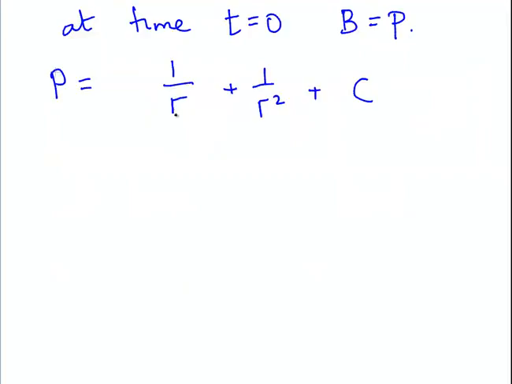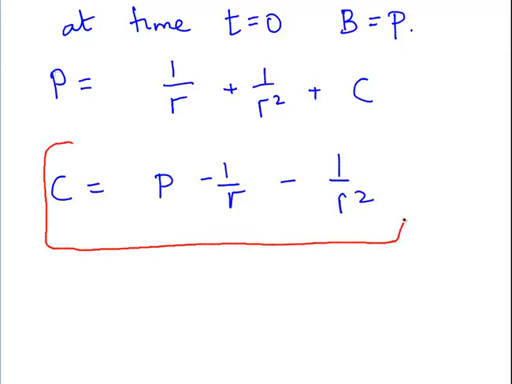So let's write in c here. C is equal to p minus 1 over r minus 1 over r squared. Okay, so that is our value for c, and it's given in terms of all the notation we would expect for our formula.